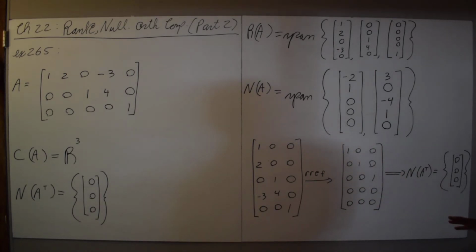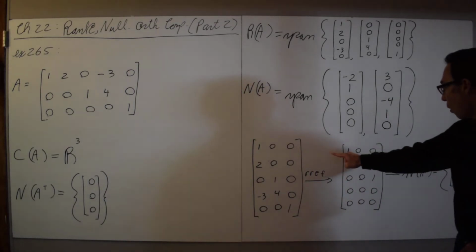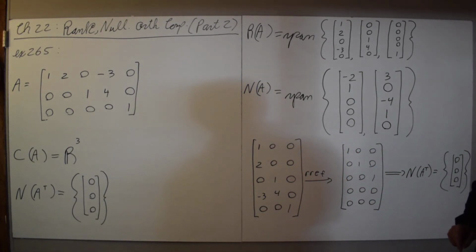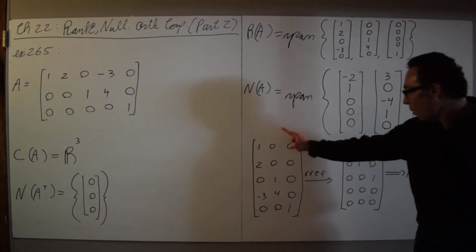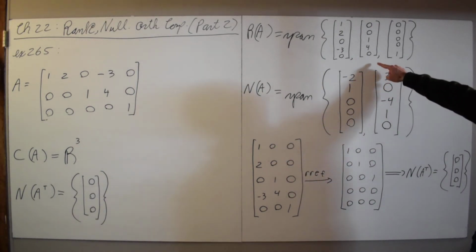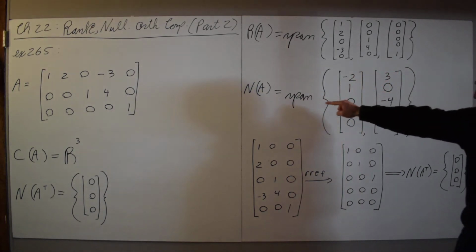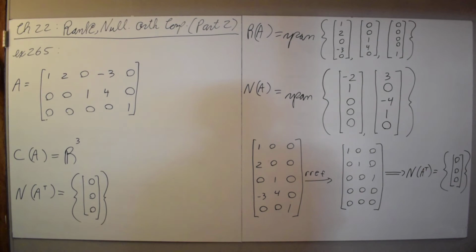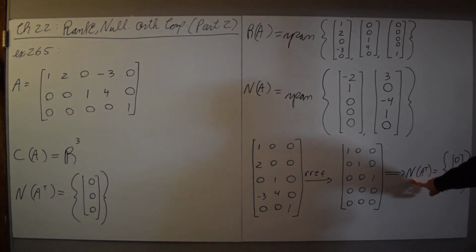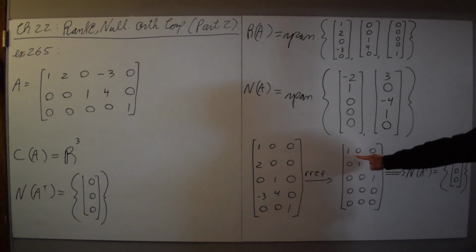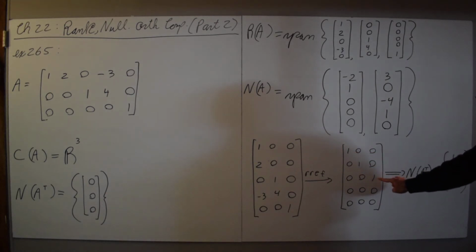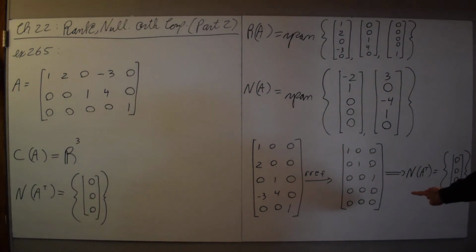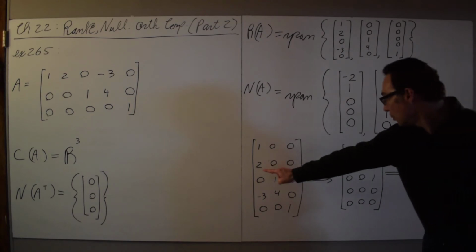But the reason I wanted to do this example was to illustrate the point that I made earlier. These 2 matrices do not have the same column space at all. This column space is the same as the row space of A. This is the column space of A transpose. We weren't asked to find the column space of A transpose, we were finding the null space of A transpose. But these 3 vectors do not span the same subspace of R5 as these 3 vectors.